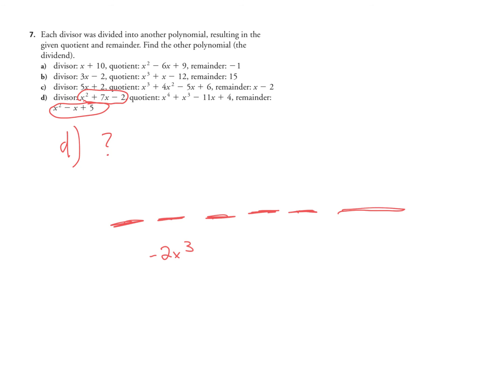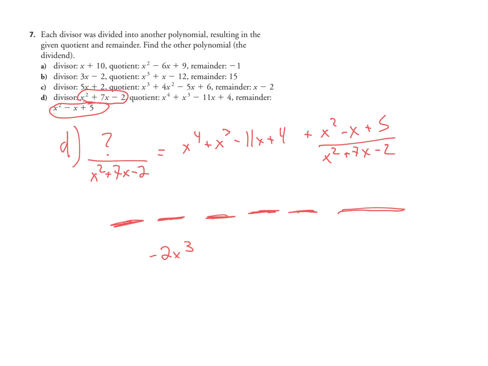Anyways, whatever it is, divided by x squared plus 7x minus 2 has to equal x to the 4 plus x cubed minus 11x plus 4 plus x squared minus x plus 5 over x squared plus 7x minus 2. So this actually should have been plus 1 with a different remainder.